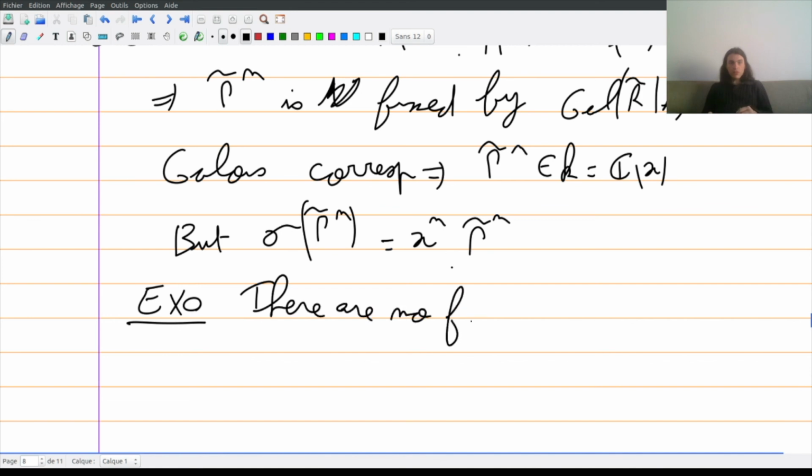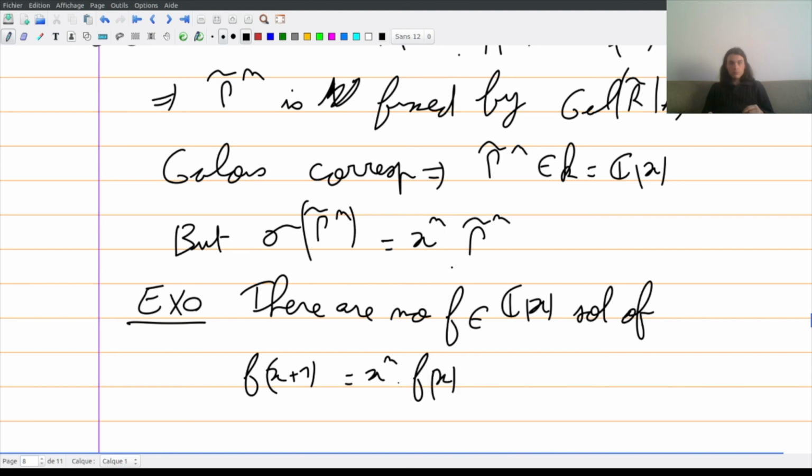There is no f in C of x solution of f of x plus 1 equals x to the power n times f of x. It's not very hard to see that. You just have to consider the poles and the zeros, and you will conclude. So we find a contradiction, and gamma is transcendental.